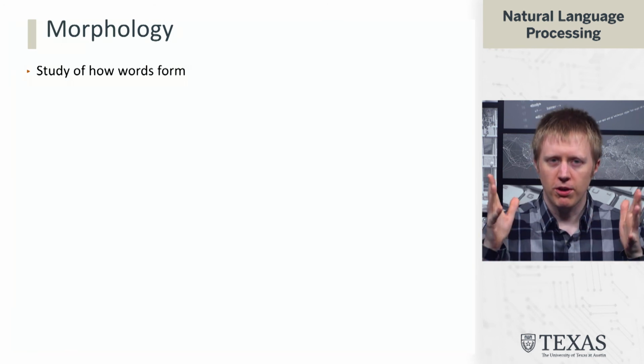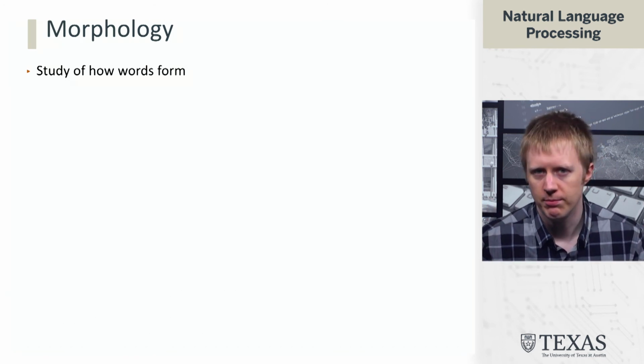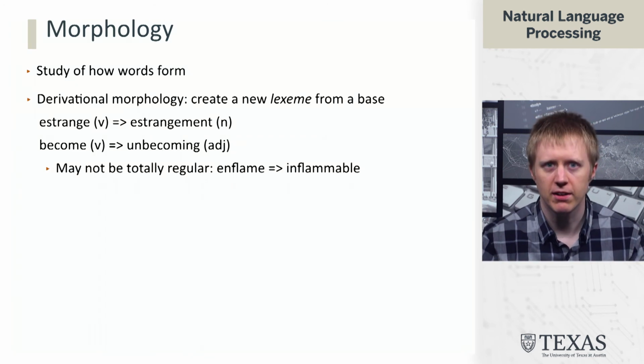So roughly, morphology is broken into two sub-areas. There's what's called derivational morphology, which is how we think about creating new words, or what we call lexemes, from a base. For example, the verb estrange can become the noun estrangement.